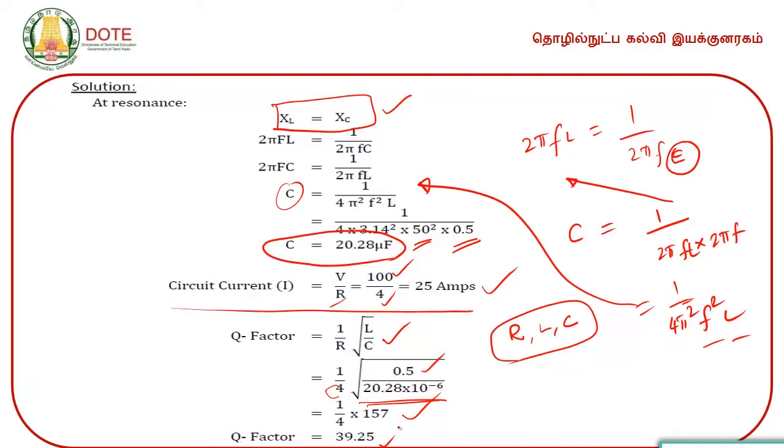It means that the voltage across the inductor or the voltage across the capacitor is magnified by 39.25 times the applied voltage, which means that VL is equal to 39.25 into 100. What is the applied voltage here? It is 100. So, it will be 3925 volts across VL. Across the capacitor it is the same, which is 3925 volts.